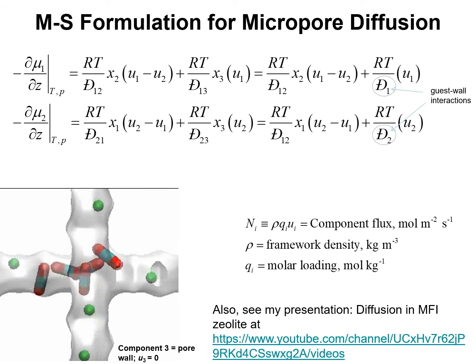In setting up the Maxwell-Stefan equations, we use the same formulation as shown in the previous slide for a ternary gas mixture, and we identify component 3 as the pore wall. The pore walls may be considered to be stagnant. Another way of looking at it is to assert that the velocities of diffusion of components 1 and 2 are with respect to the pore wall.